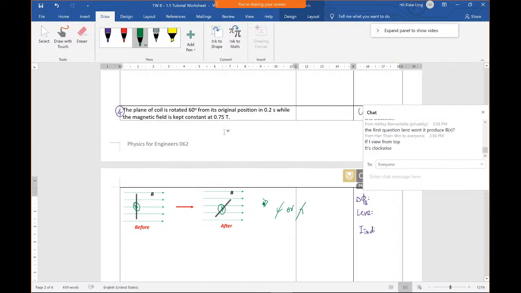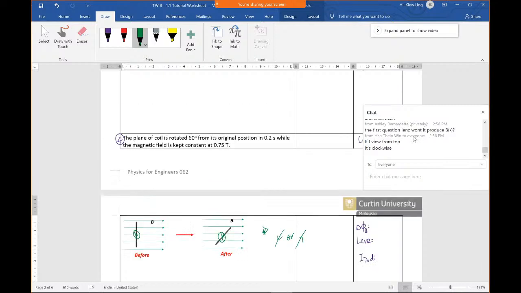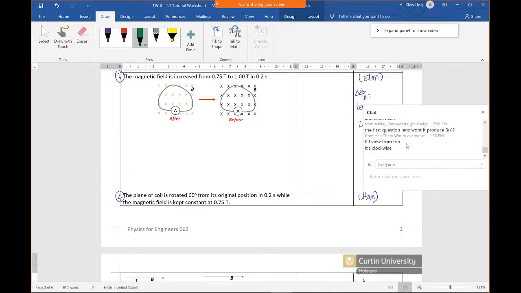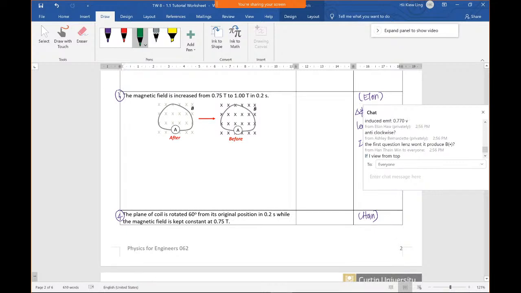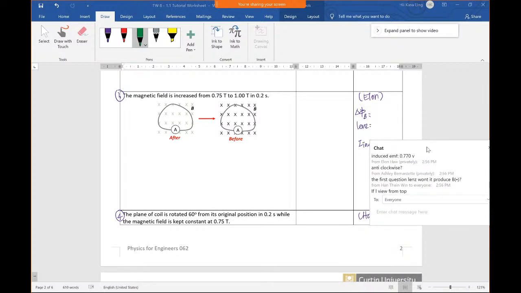So wait, element number 3, clockwise. It's not clockwise, it's anti-clockwise.